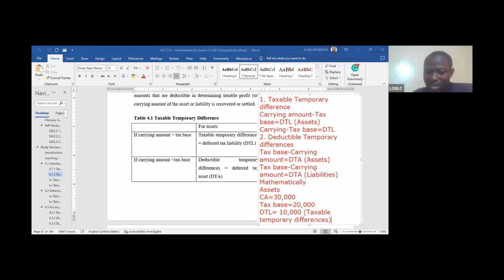Now, the reverse is the case if our carrying amount is equal to 20,000 and our tax base is equal to 30,000. Here we have a deferred tax asset. Deferred tax assets will be equal to 10,000.